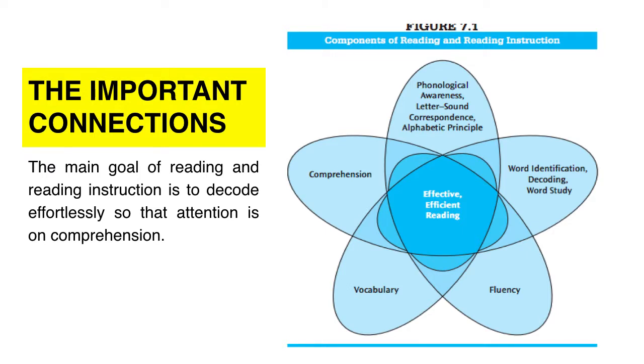Lastly, we just want to draw your attention to the idea of effective, efficient reading. So this goes back to our abstract and why assessing and teaching reading with a focus on phonological awareness, phonics, and word recognition matters. These are the foundational skills that a student must acquire in order to be an effective, efficient reader, and that's every teacher's goal with instruction in these areas.